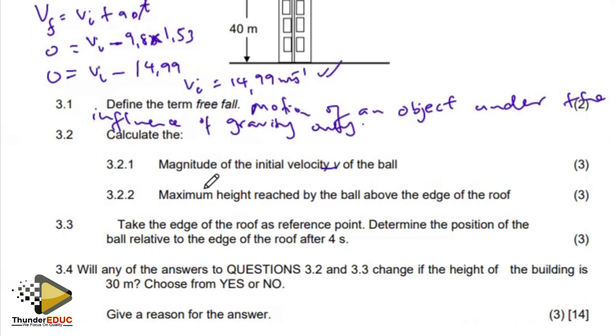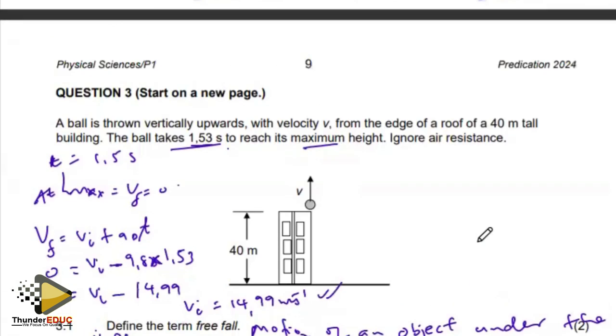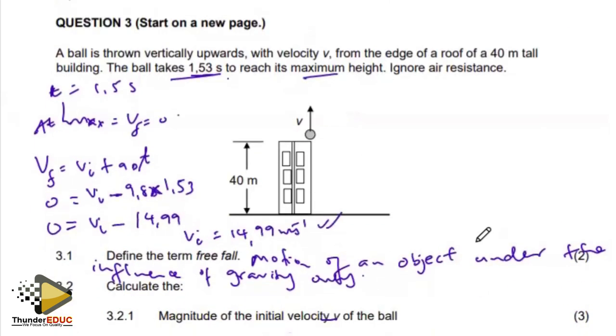Then 3.2.2, I get the maximum height that is reached. So we can still use the facts that we have, that the delta t is 1.53. The V final is 0, and then we're looking for the displacement.